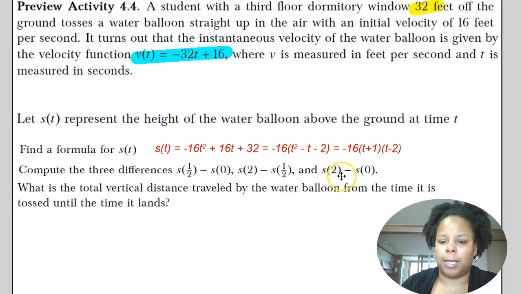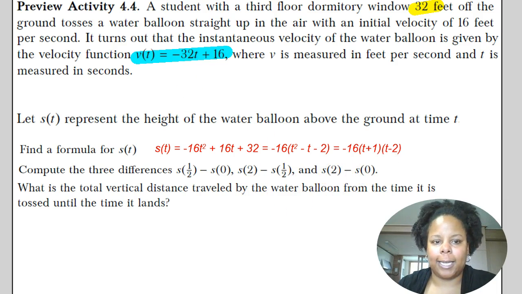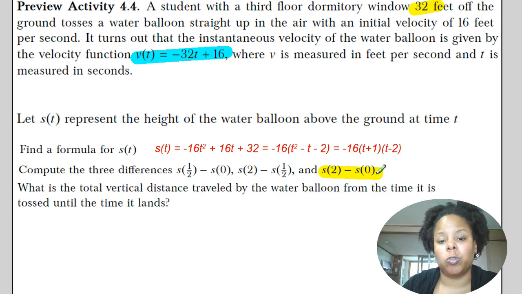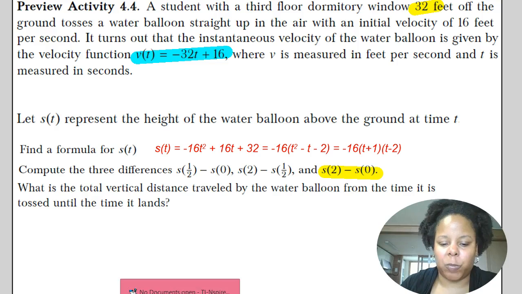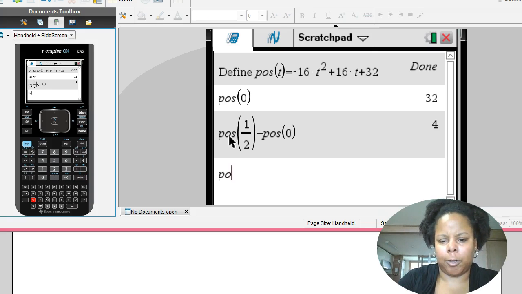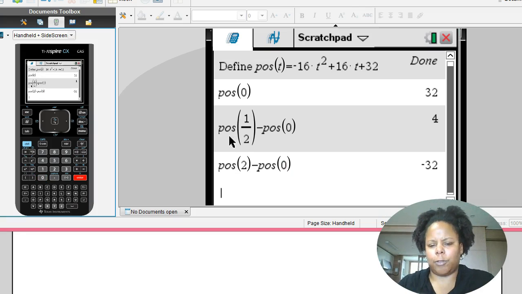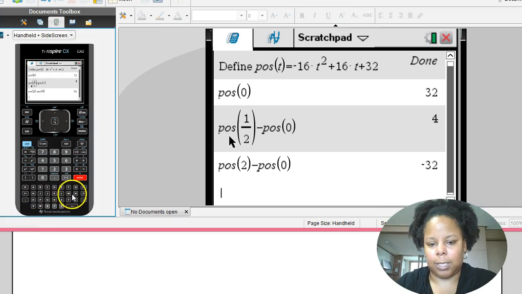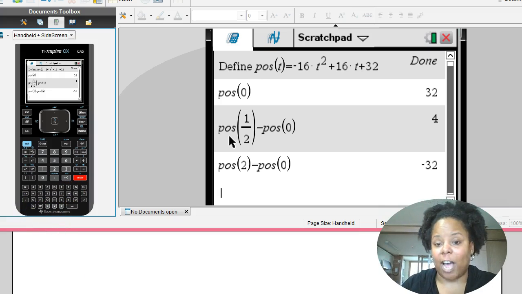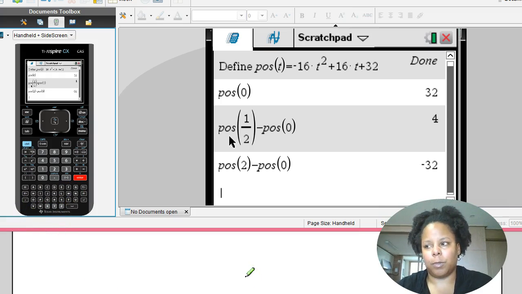So this answer that we calculated earlier, s of 2 minus s of 0, will give us the total distance traveled. To determine that, we just plug it into our calculator, POS of 2 minus POS of 0, and we get negative 32, which represents that they went down 32 total feet.